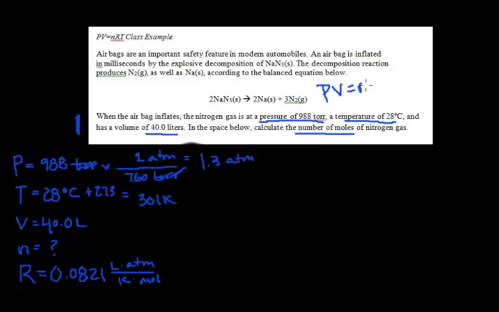PV equals nRT. So P's up first, pressure is this first one right here, 1.3 atm. Volume is down here, that's 40.0 liters, is equal to, and the N is what we're trying to find.